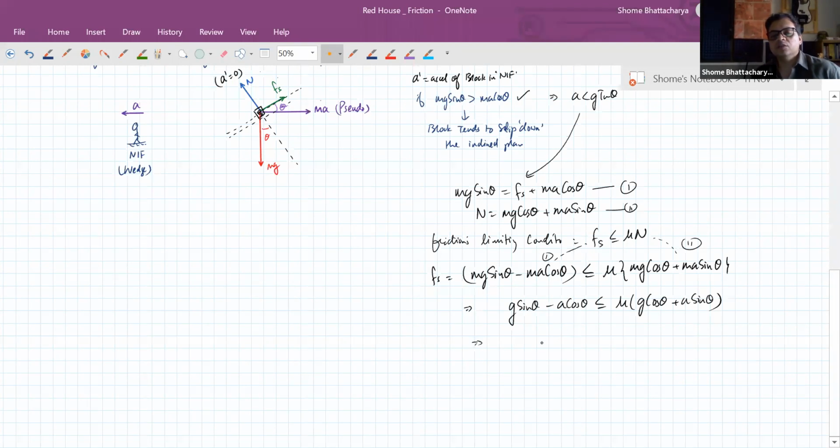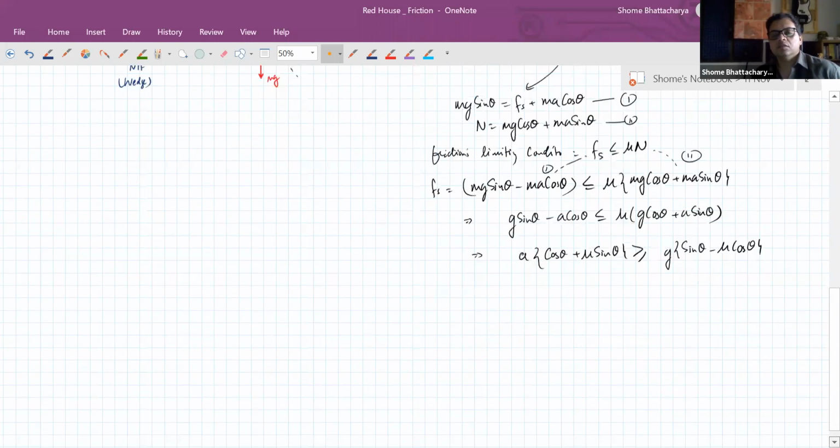Now we want the condition on a. So take a on one side. You'll get a into cos theta plus mu sin theta should be greater than or equal to, because I've taken this a to that side, so the sign is flipped, g into sin theta minus mu cos theta.